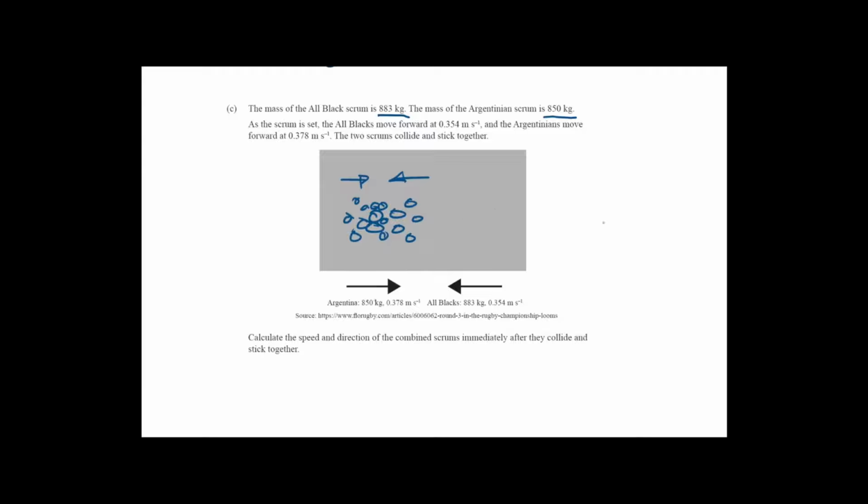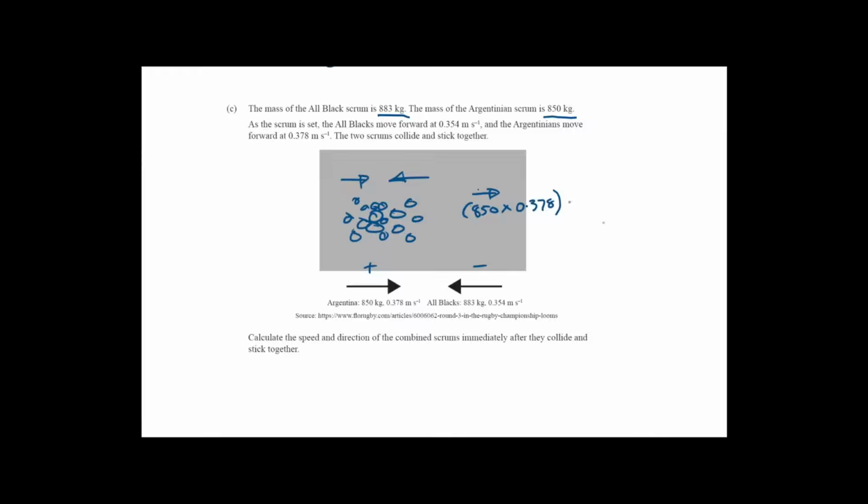We're going to take the Argentinians, because it's left to right, as the positive direction, and the All Blacks as the negative direction. So the momentum going from left to right in the positive direction is all Argentina, and that's going to be 850 kilograms, so it's already in SI units, times how fast they're moving, 0.378.